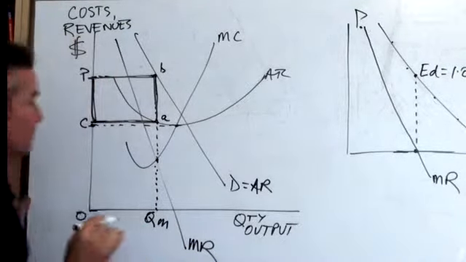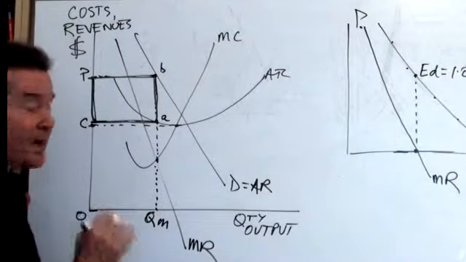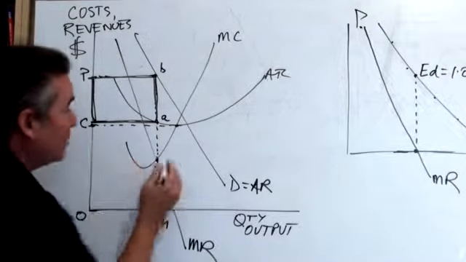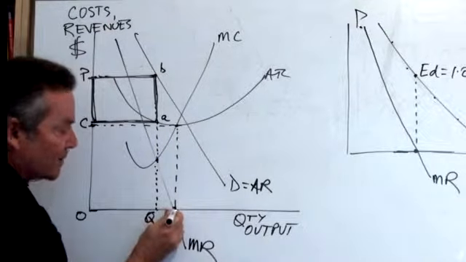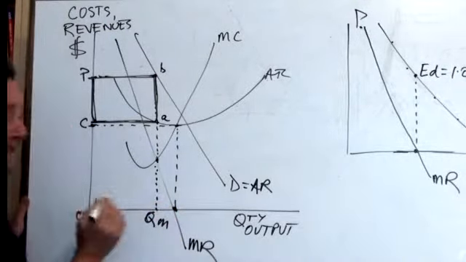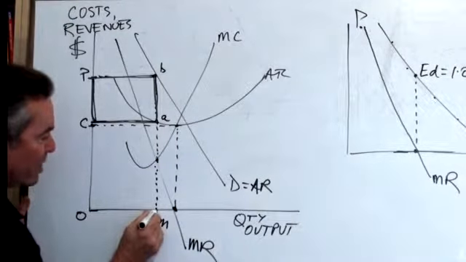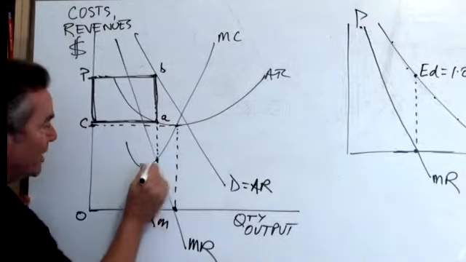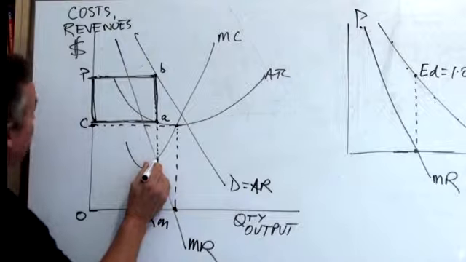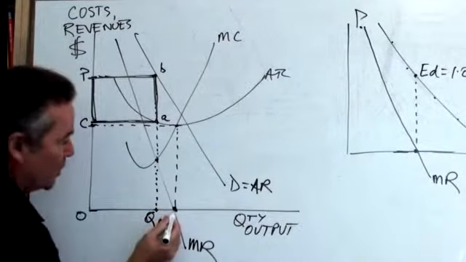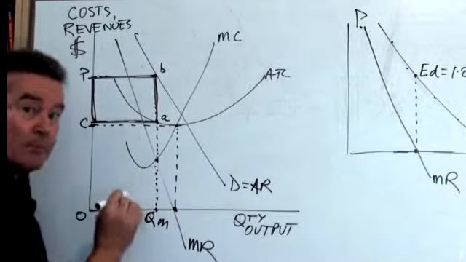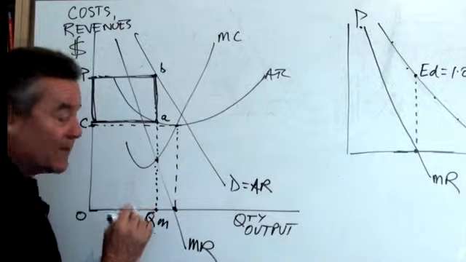Allocatively efficient? P would have to equal MC. Now, for the purely competitive firm, of course, you and I know that that would be here. But here, at the quantity of output that's being offered, marginal cost is down here. Price is way up here, significantly greater. So we conclude that the monopolist is not allocatively efficient either.